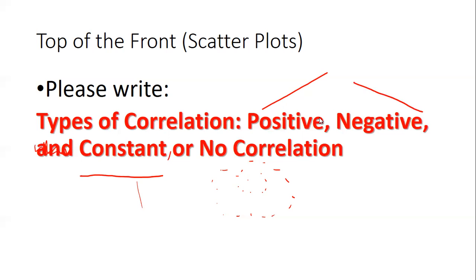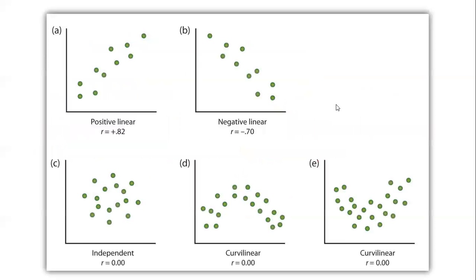Before we check, I'm going to go over some ways that correlations are listed, okay? This is a positive linear correlation, roughly. This is a negative linear correlation. This is independent, meaning there's no correlation. They're just chilling around like a blob.